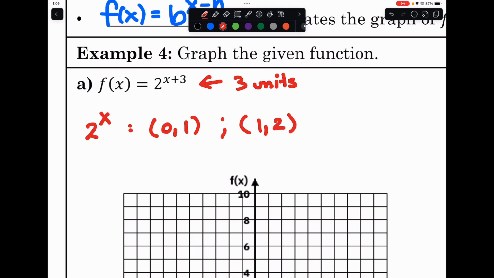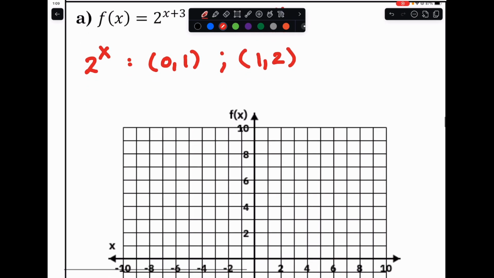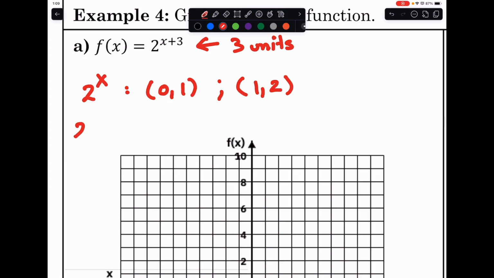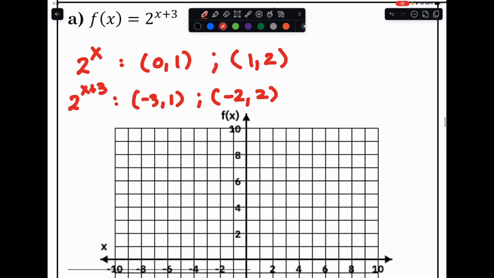Those 2 points will move 3 units to the left. So that means that if I have 2 to the x plus 3, moving those 2 points 3 units to the left will move this point to negative 3, 1, and will move this point to negative 2, 2. So let's see, let's count.